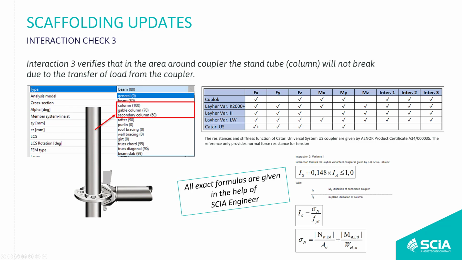And we implemented it for all our supported types of couplers like couplok, ladder, and Qatari. All the exact formulas you can see in our help and are also visible in the calculation. So this check is now implemented and can be used.